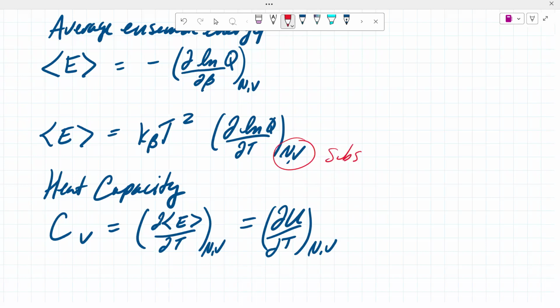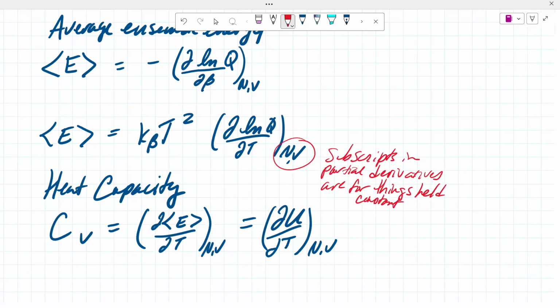Subscripts and partial derivatives are for the parameters, are for things held constant. Right, so these are partial derivatives.